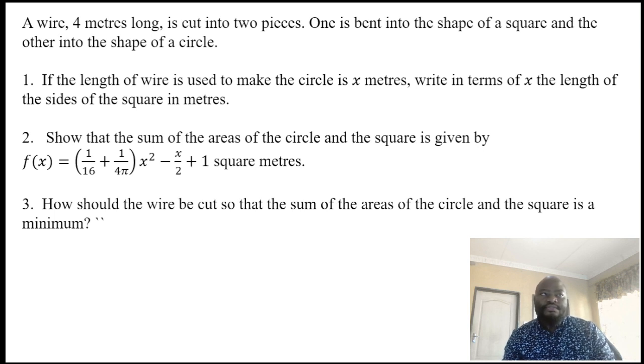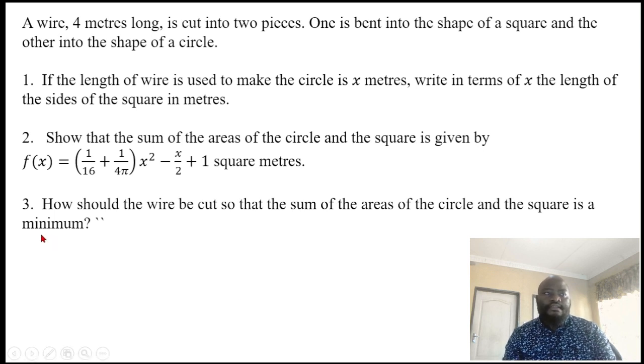Number 2, show that the sum of the areas of the circle and the square is given by f of x equals the quantity 1 over 16 plus 1 over 4 pi multiplied by x squared minus x over 2 plus 1 square meters.